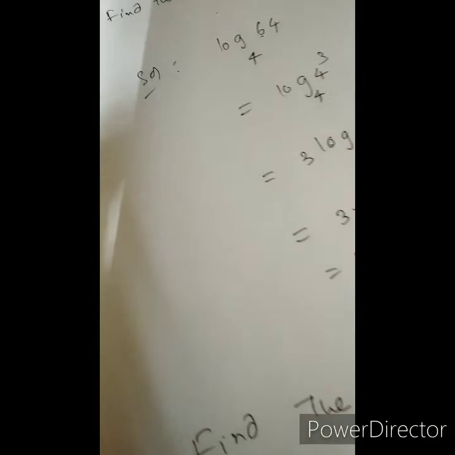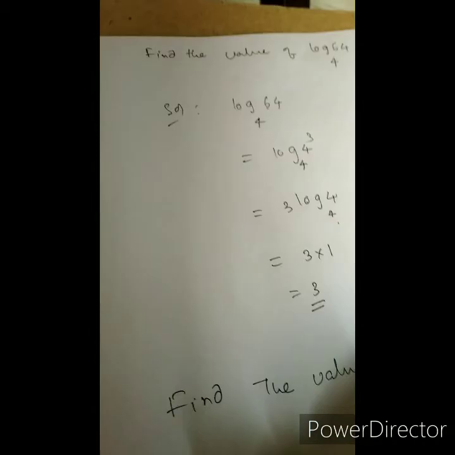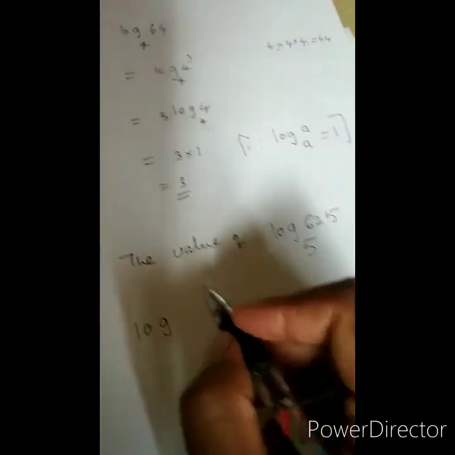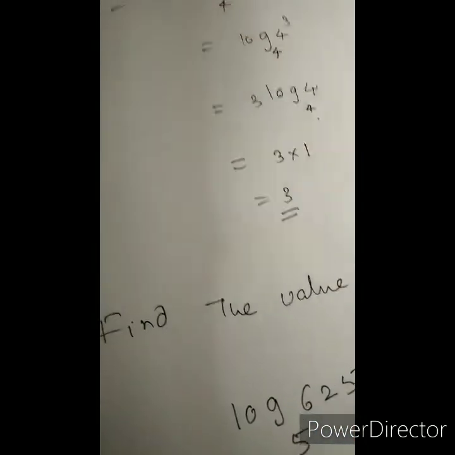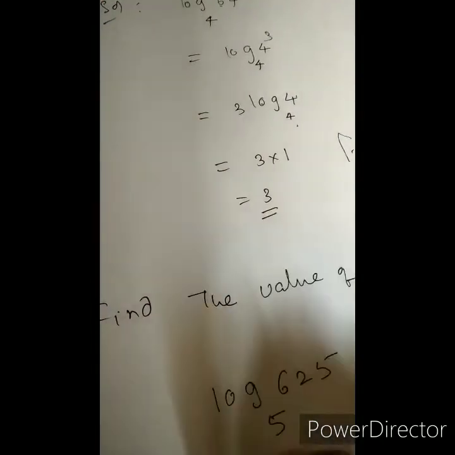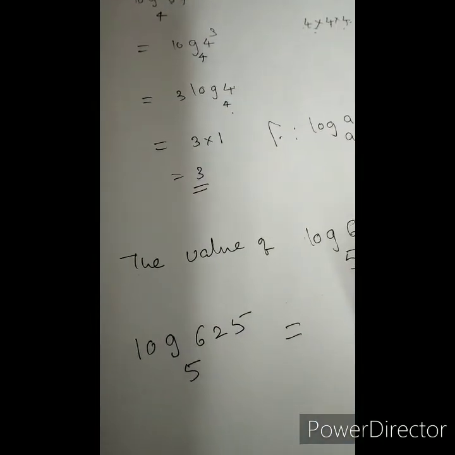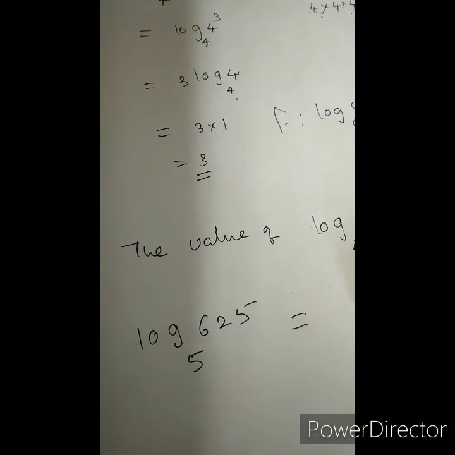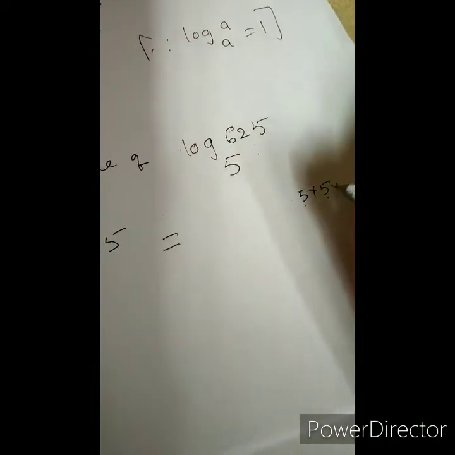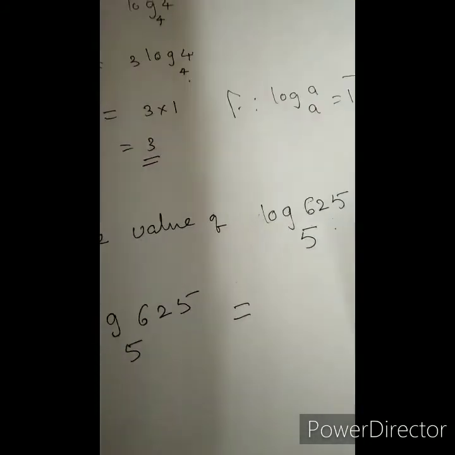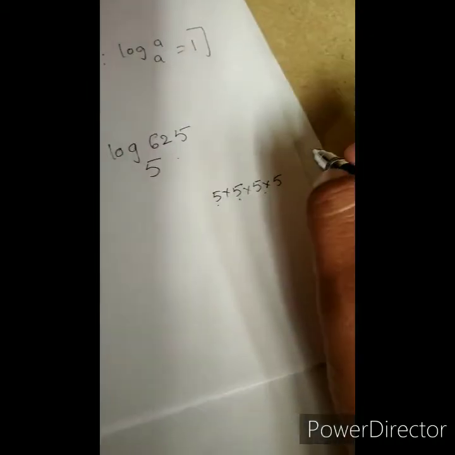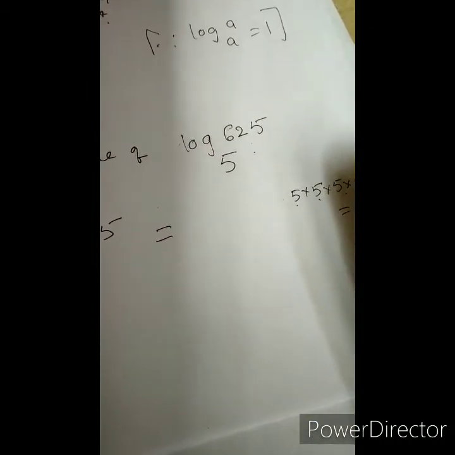First, write the given logarithm function: logarithm of 625 base 5 is equal to, now we try to express 625 in terms of 5. 5 into 5 is 25, 25 into 5 is 125, 125 into 5 is 625. This is equal to 625.